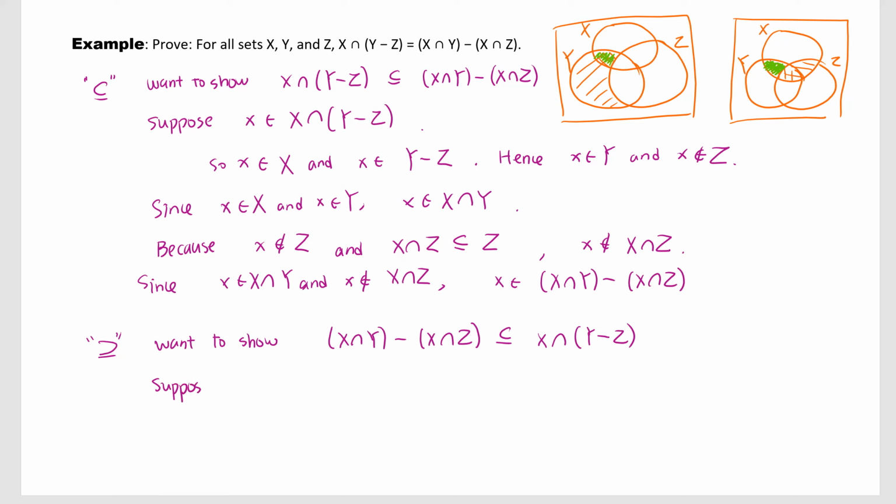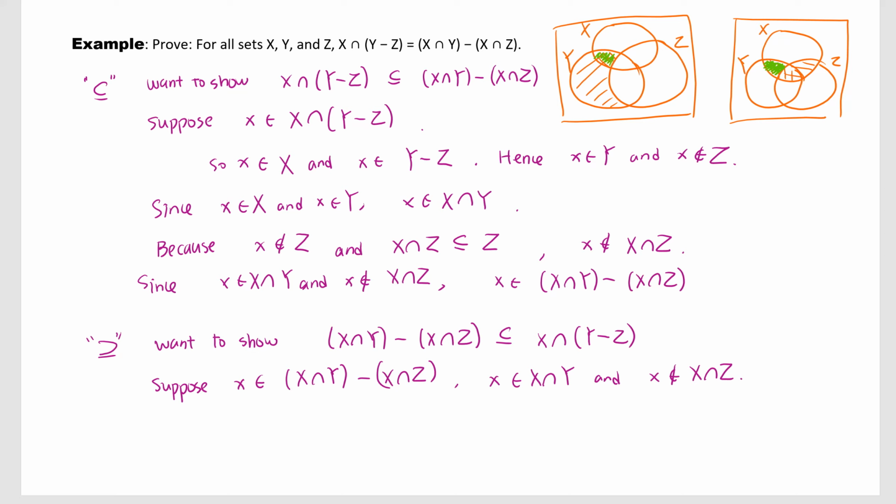Similarly, suppose x is in (X ∩ Y) − (X ∩ Z). Then what does that mean? By the definition of set minus, x is in X ∩ Y and x is not in X ∩ Z.